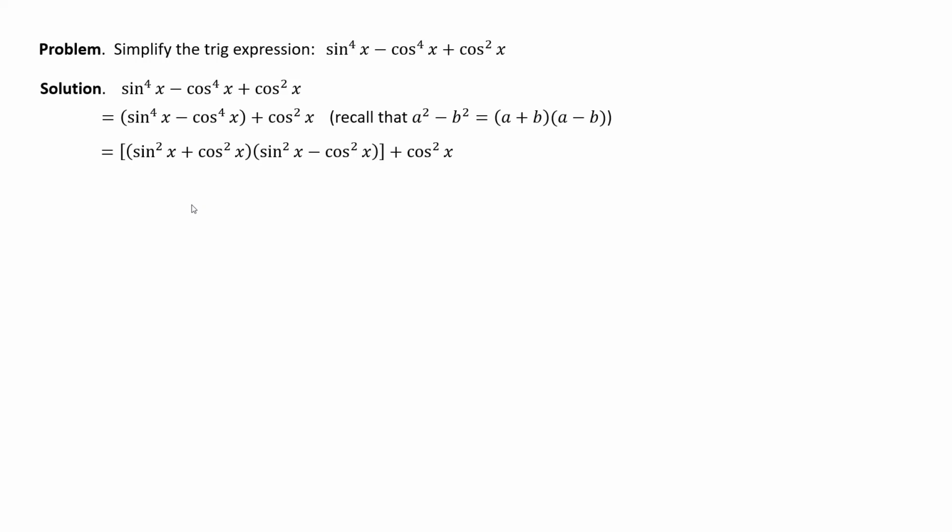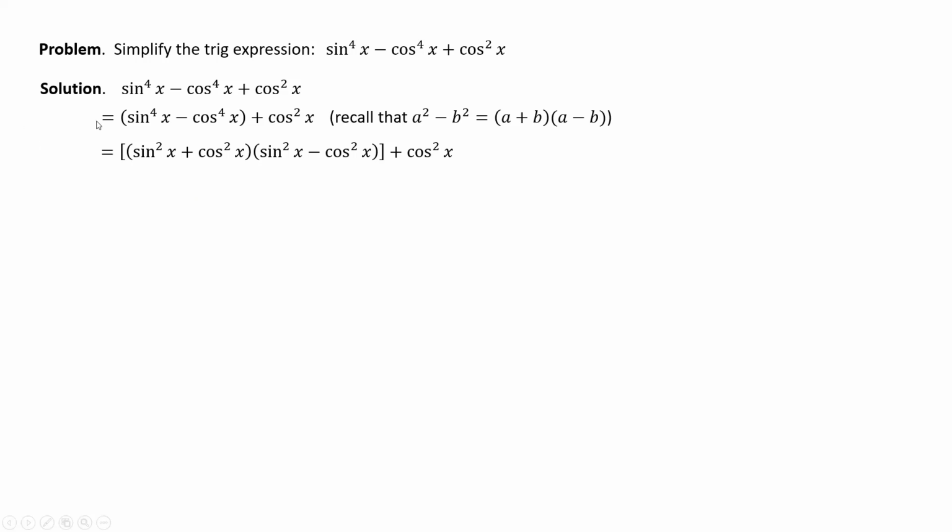Right? Now you might say, why did you do that? I did that because now you notice there is this sine square x plus cosine square x, which we have an identity that says that's equal to 1. See that? That's the idea. So you kind of think like a chess player, a few moves ahead.